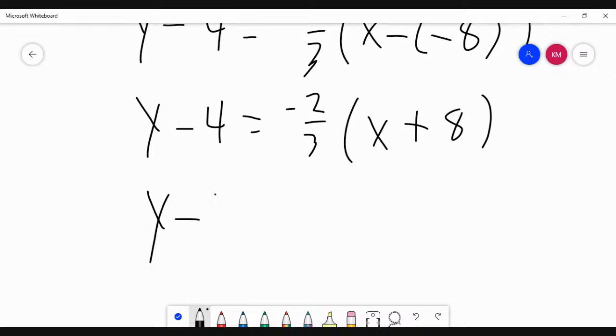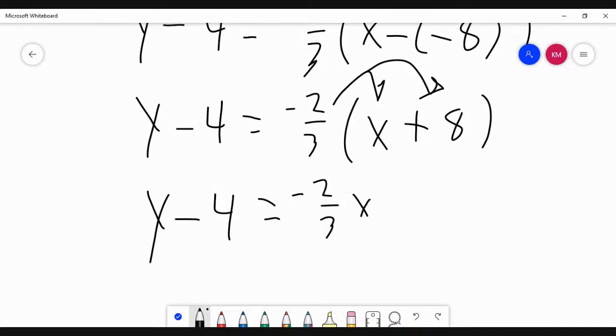Once I've done that, I bring down my y minus 4. I distribute my negative 2/3 to x and 8, and that becomes negative 2/3 x minus 16 over 3.